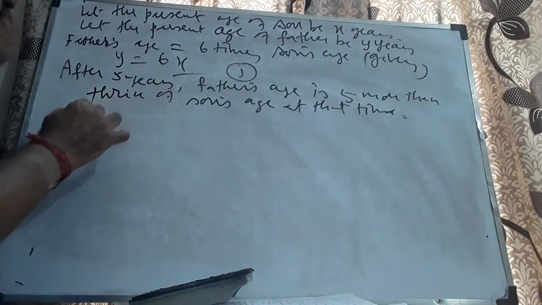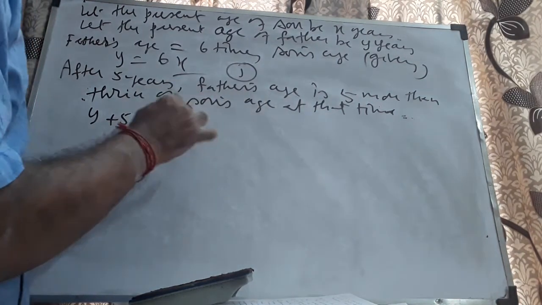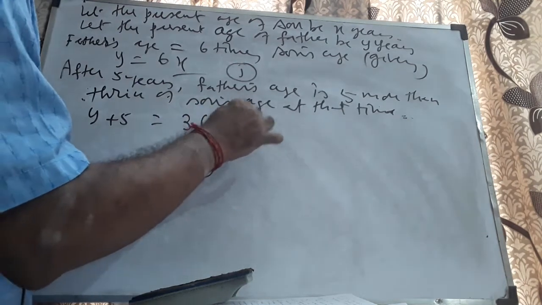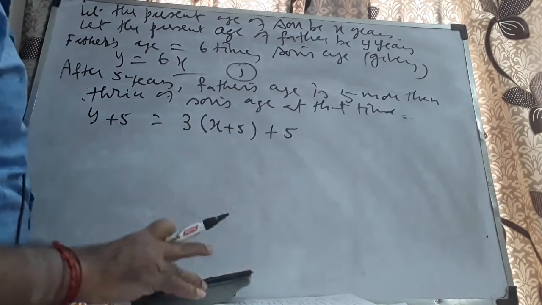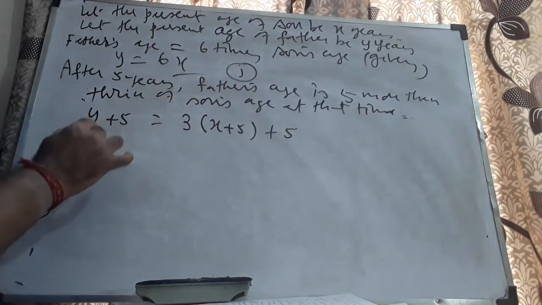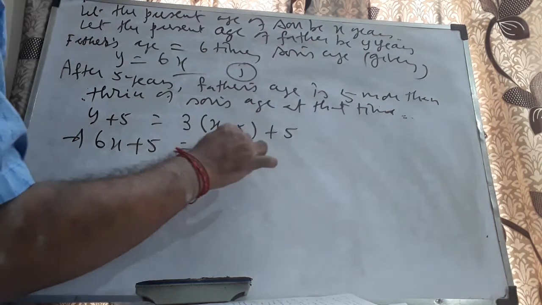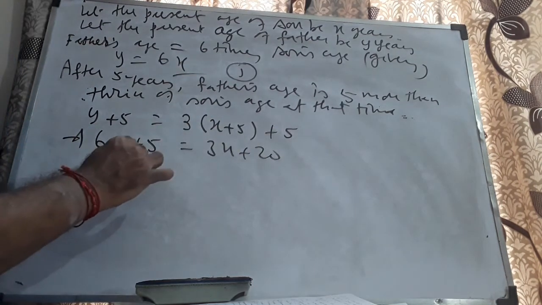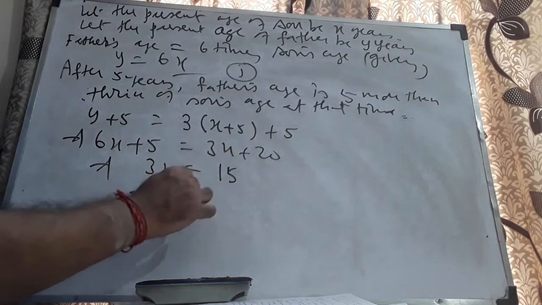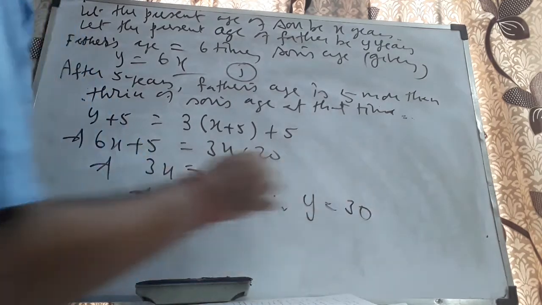Therefore, after 5 years, father's age is y plus 5, then thrice of son's age, therefore 3 into x plus 5, plus 5. This implies I can replace y by 6x. 6x plus 5 is equal to 3x plus 20, which implies 3x is equal to 15, which implies x is equal to 5. So y is equal to 30.